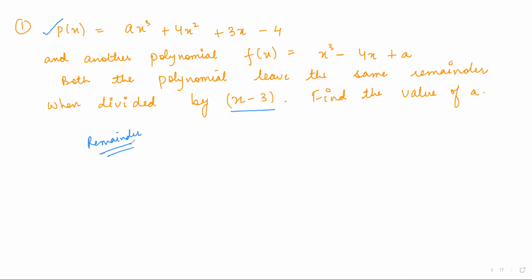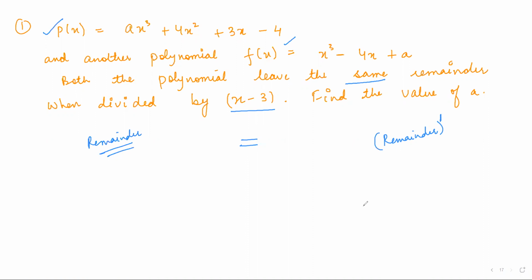This is another polynomial which is also divided by x minus 3. So find another remainder. Let me call it remainder dash something, right? This is one remainder, this is another remainder. So both the remainders are the same. So ultimately you have to equate both the remainders.